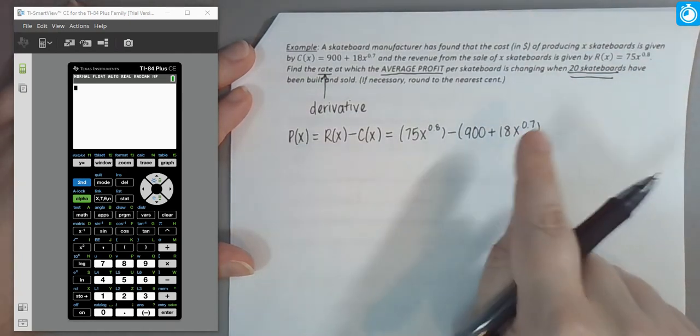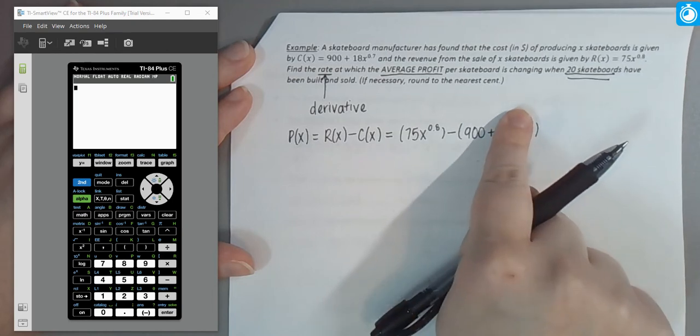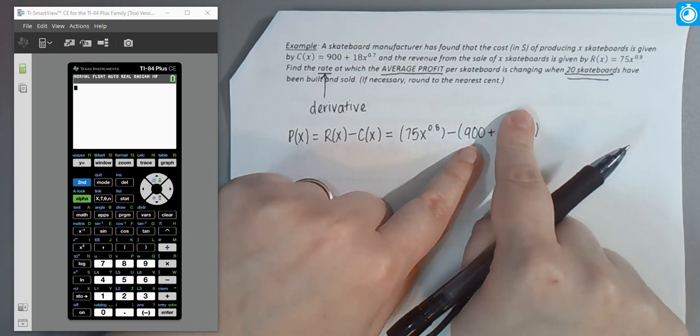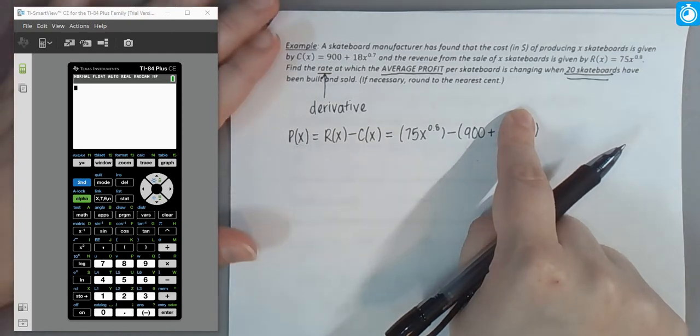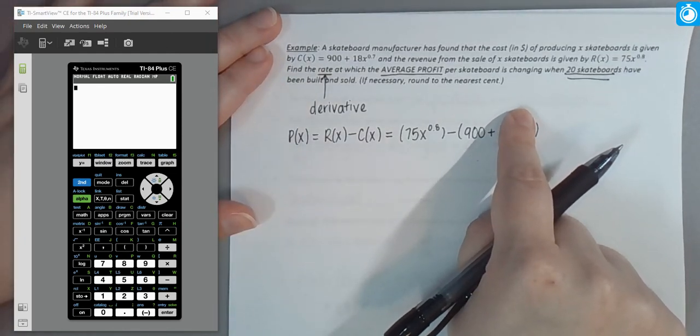So keep in mind, even if we produced and sold 0 items, which means this term would go away, we would still have $900 worth of cost, which would be what it takes to keep the lights on, to pay executives, to pay for advertising, those kinds of things that are not specifically dependent on how much we produce.